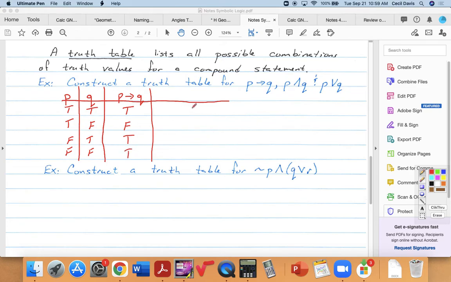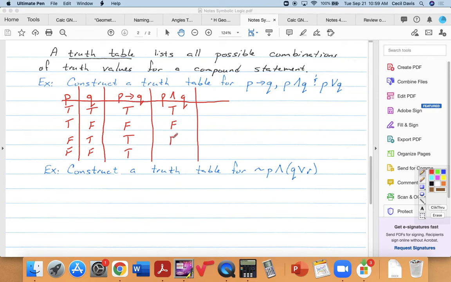All right. Then let's do P and Q. If P and Q are both true, then that's true. P's true, but Q is false. False. P is false, but Q is true.